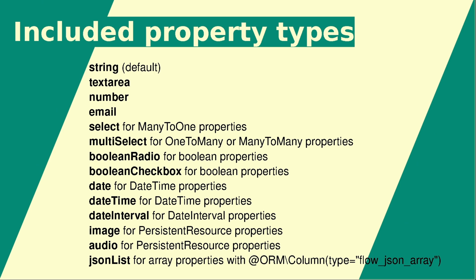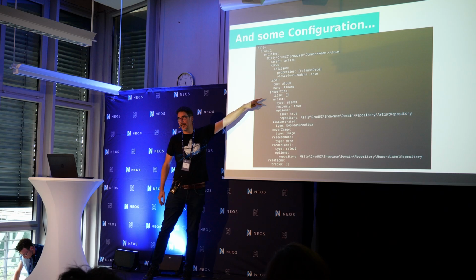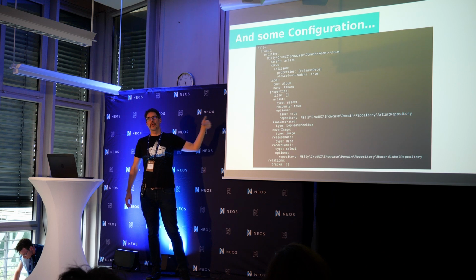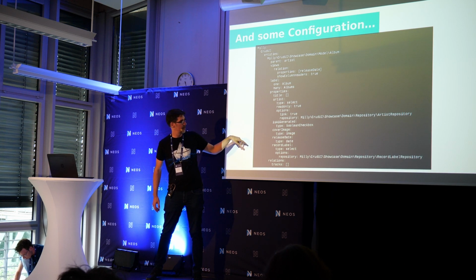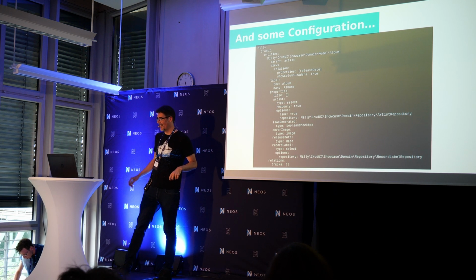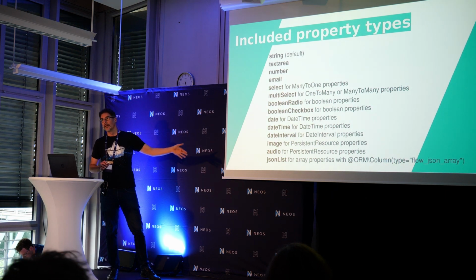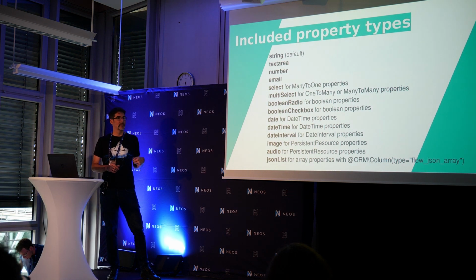So if you just go a little back, for properties, you just indicate what properties you want to expose in the backend, and you can define a type, and these are the types that are already available in the package.